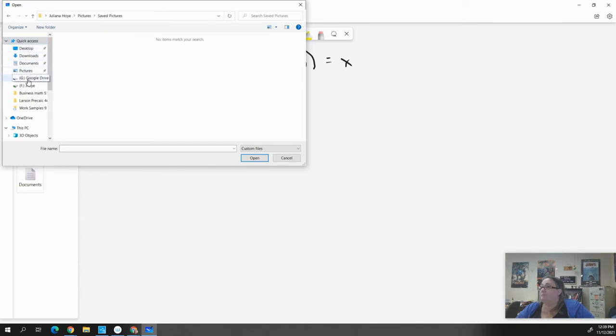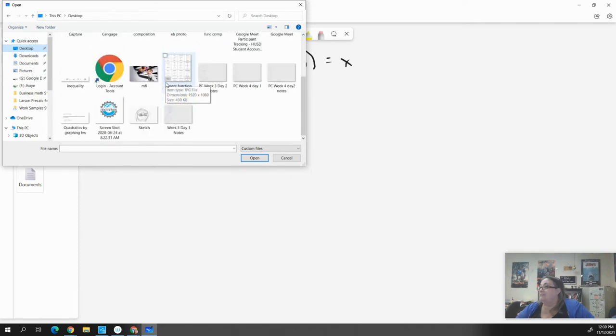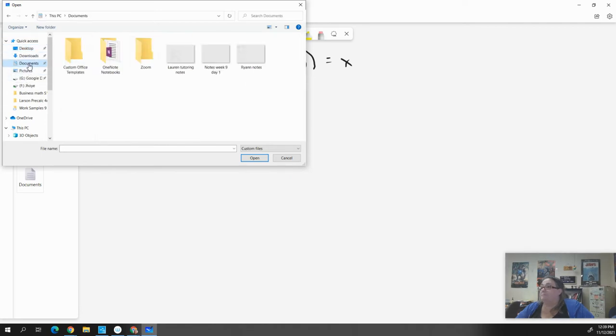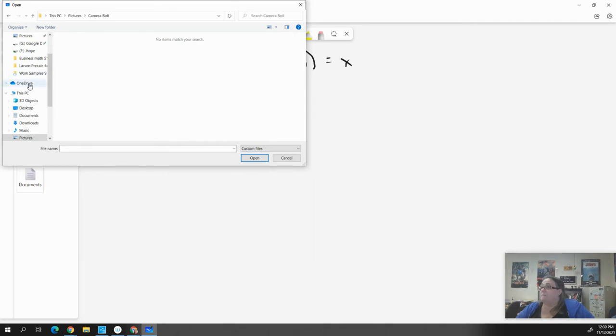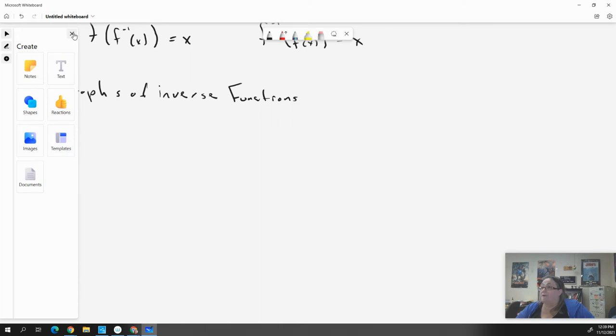Normally I have a little picture of a graph that I always put in there. Pictures? No. Camera roll, maybe? Ugh, this is killing me. I'll just draw a graph for right now. I have to figure that one out, though. That's going to drive me insane.